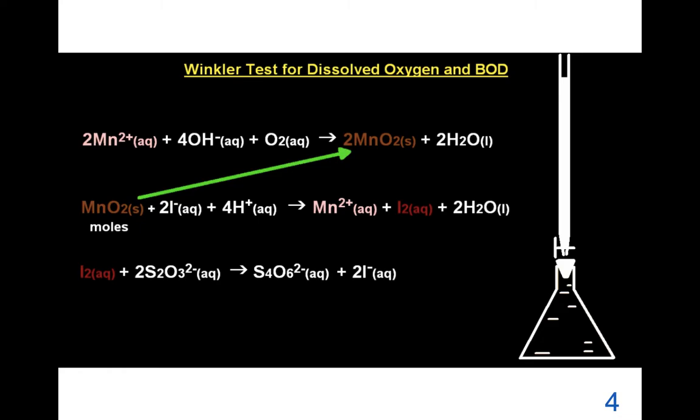And once I know that, I can use that to work out the dissolved oxygen content. Now, if I know the moles of dissolved oxygen, and I know the volume of water that I used, I can work out the concentration. And so that's a broad overview of the theory.